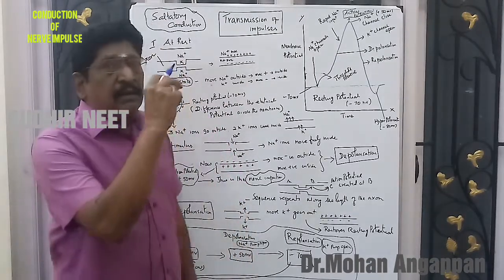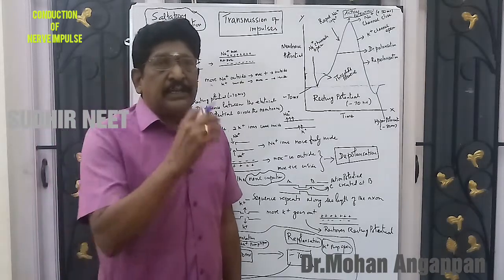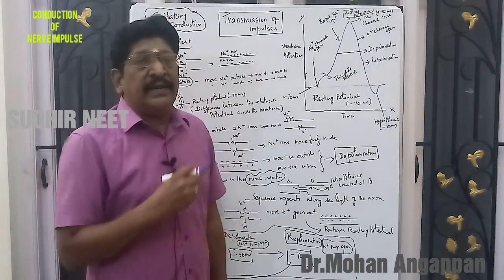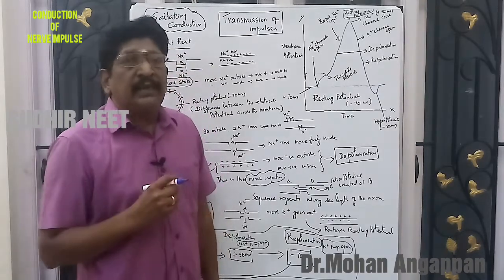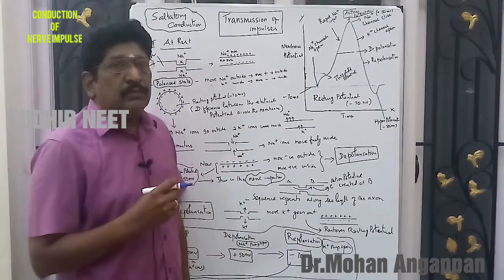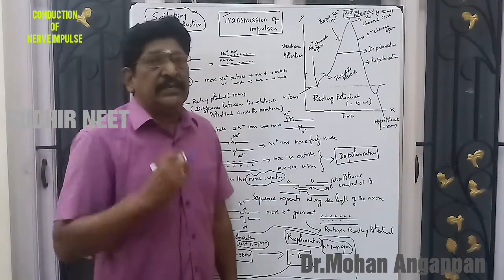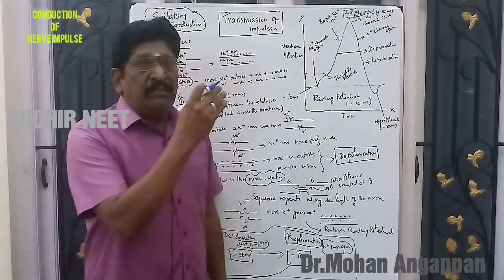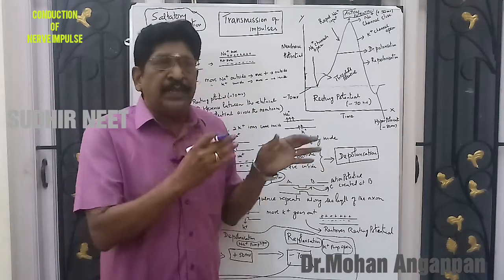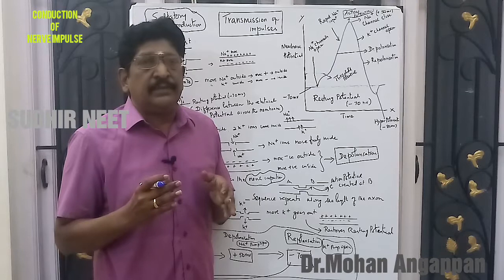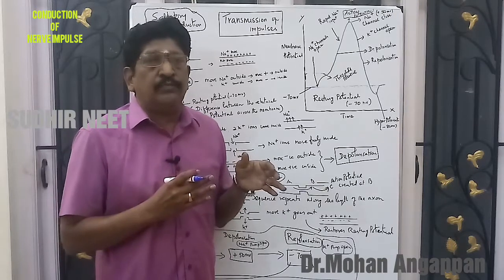In the neuron, the impulse is produced in the cyton by dendrites, and then it is passed on to the next neuron through the axon filament. So from one end of the axon to the other end of the axon, how the impulse is transmitted, that we are going to see now.